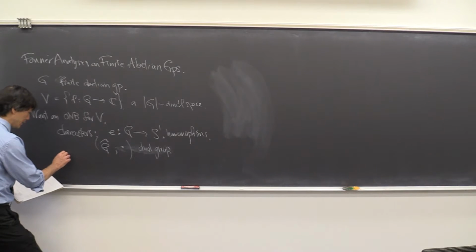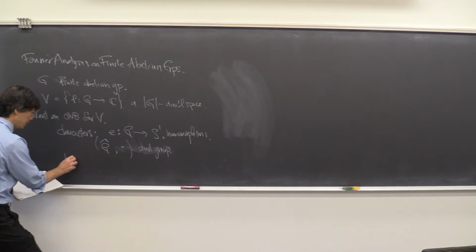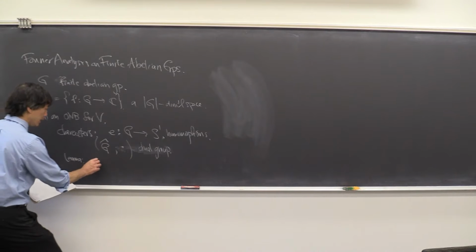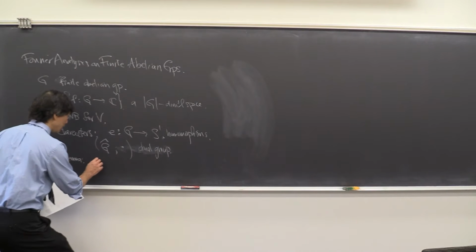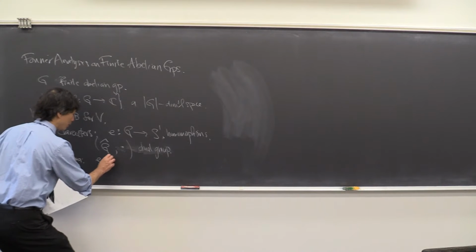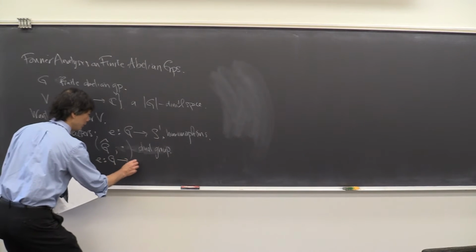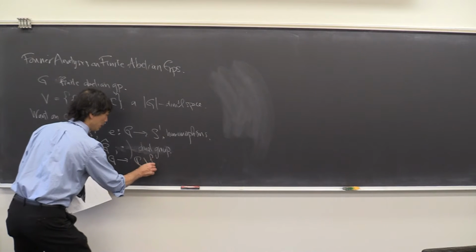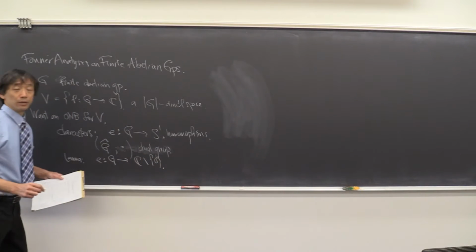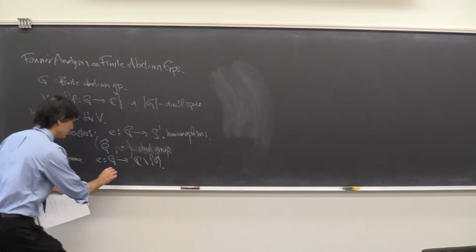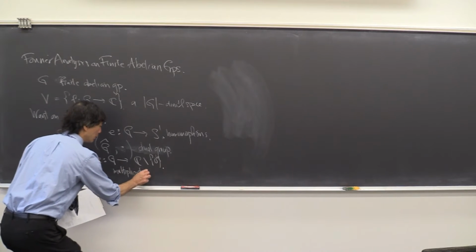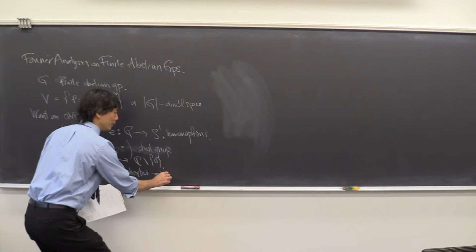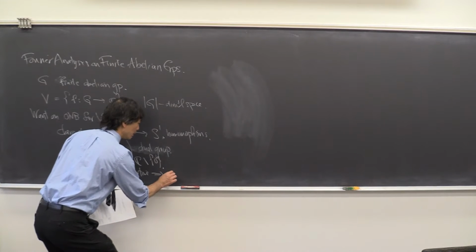The last thing we did was show this lemma: as long as you have a function from G into the non-zero complex numbers, and the function is multiplicative, then it's a homomorphism, so it's a character.